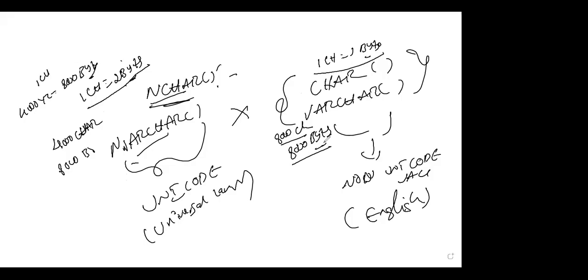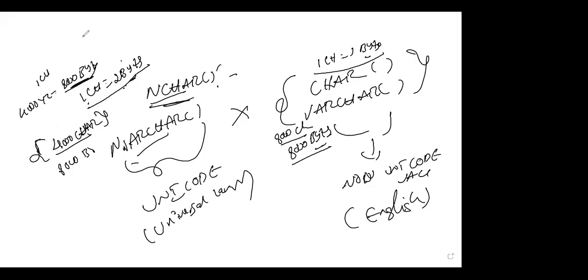But here 1 character is equal to 2 bytes. It can also store 8000 bytes, but only 4000 characters, because 4000 into 2 is equal to 8000. Is this clear to everyone?